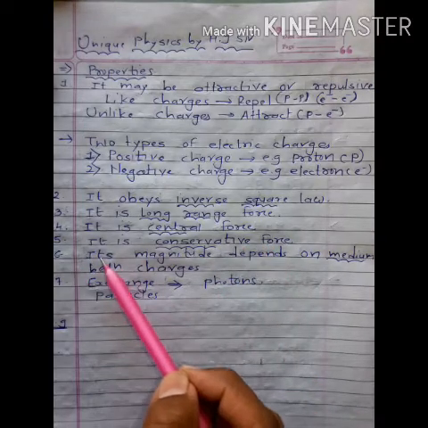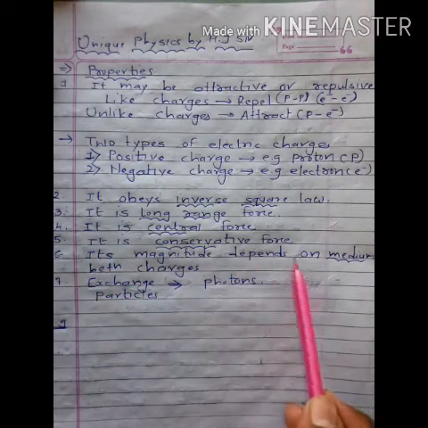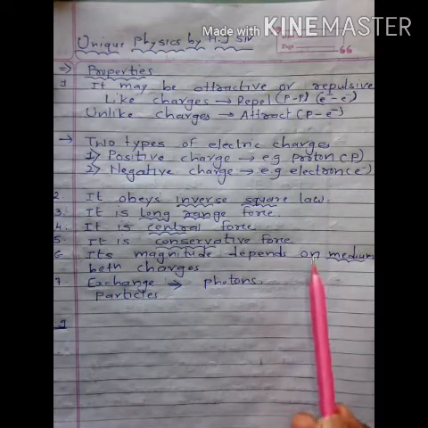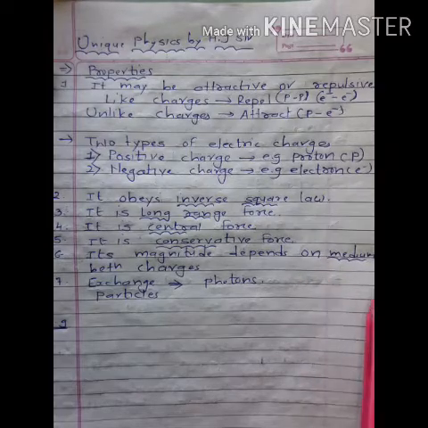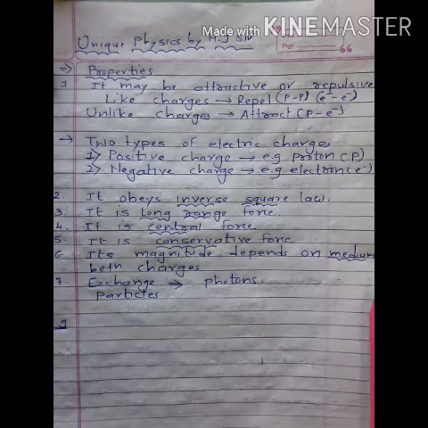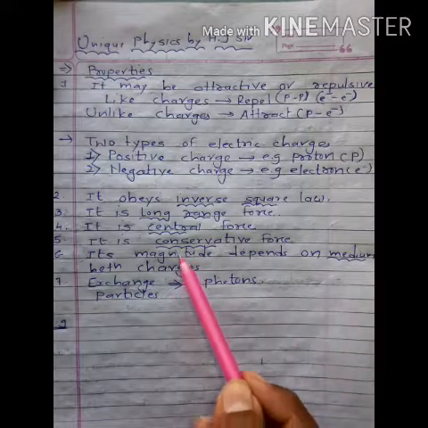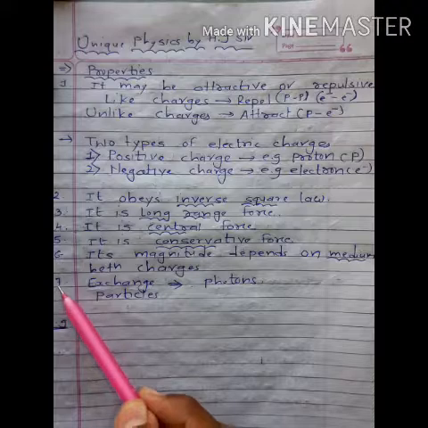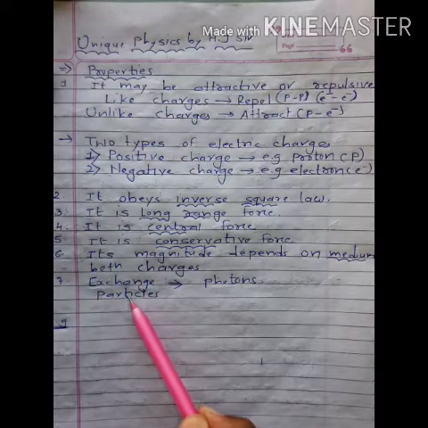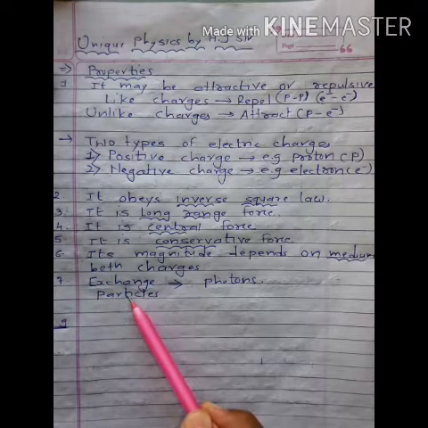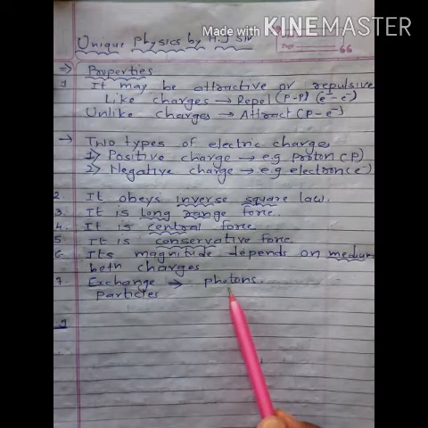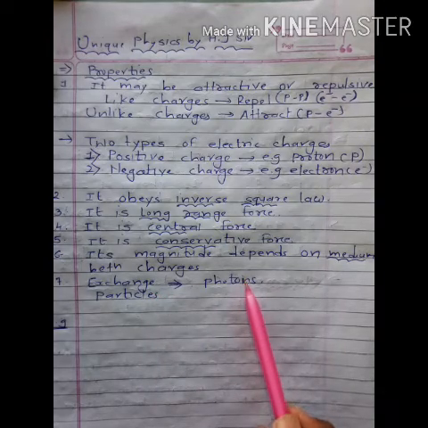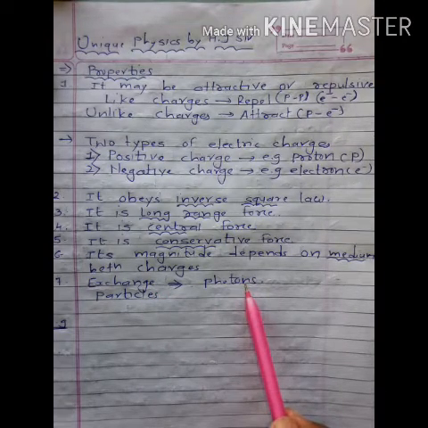Sixth property, its magnitude depends on the medium between charges. Suppose we have a different medium between electric charges, so the magnitude will change. So magnitude depends on the medium. Property number 7, the exchange particles for this force are photons. Remember this point.